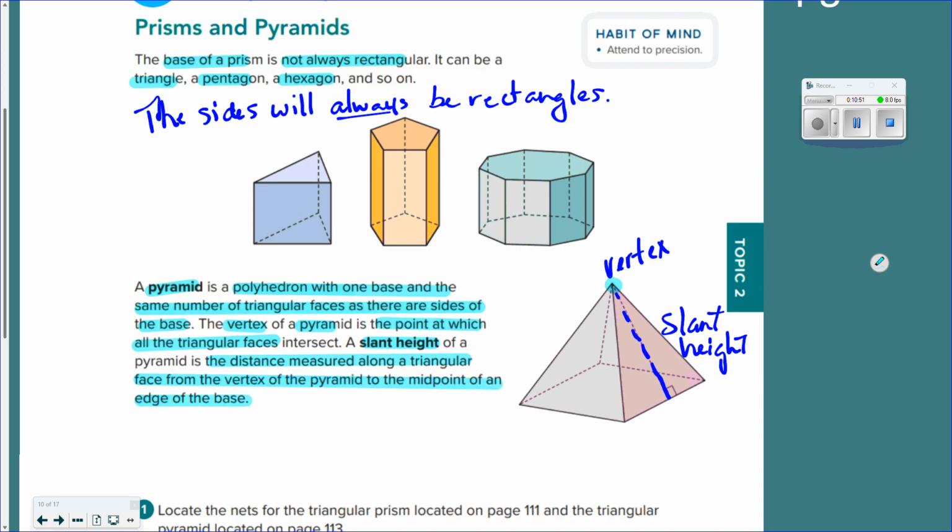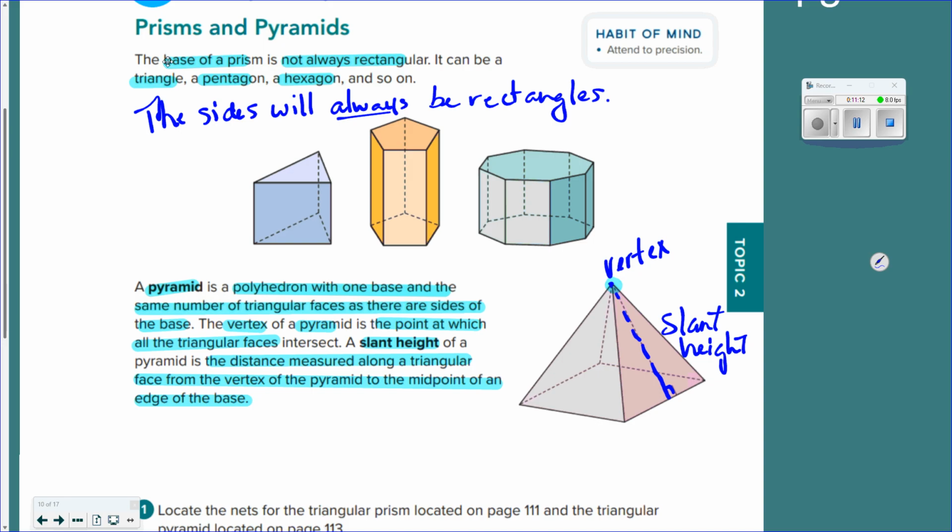So that slant height will always start at the vertex, and it's going to go perpendicular to that base. Everybody good so far on our definitions? Right. Okay.